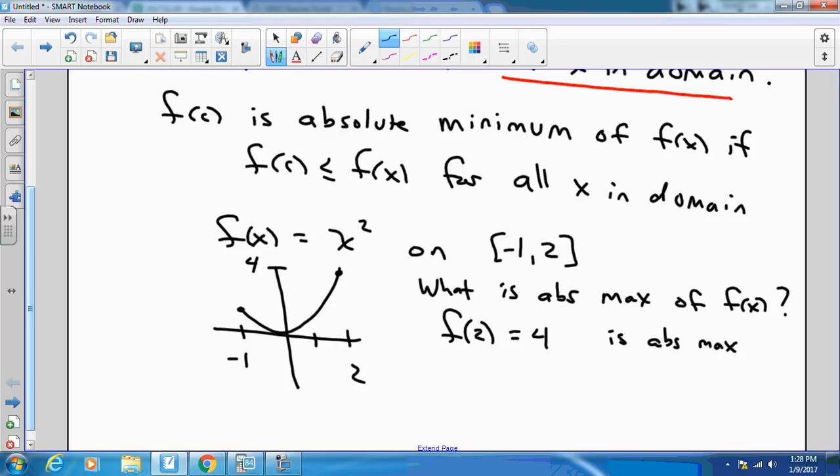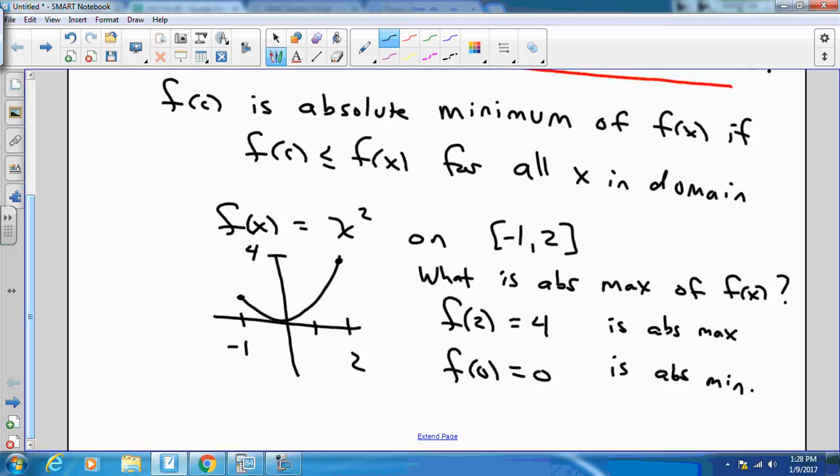What about the absolute minimum value? 0. Does this function have any local maxes or mins? Local min. So f of 0 is a local min. Does it have any local maxes? No, it doesn't.